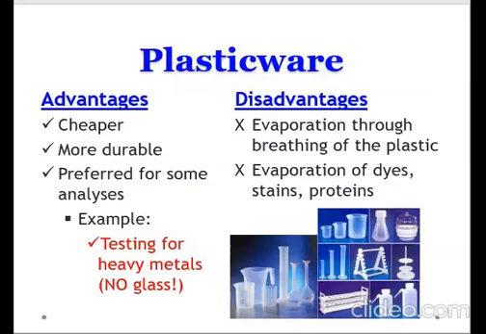Also, plasticwares are preferred for some analyses, especially if we are performing heavy metal testing. When we want to measure the heavy metal level, for example, in the blood of a patient, we need to make sure that we do not use glasswares.